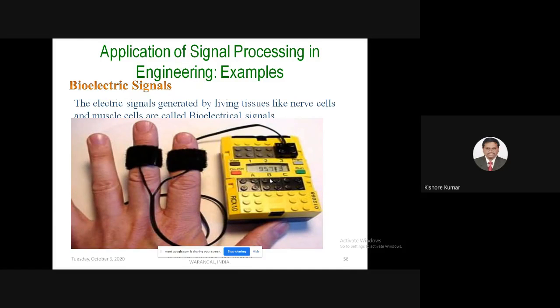As you have seen, everybody is now talking about the oximeter. This is a simple digital device. If you keep that oximeter on your finger, it will give the oxygen level. Like that, here there is a device.